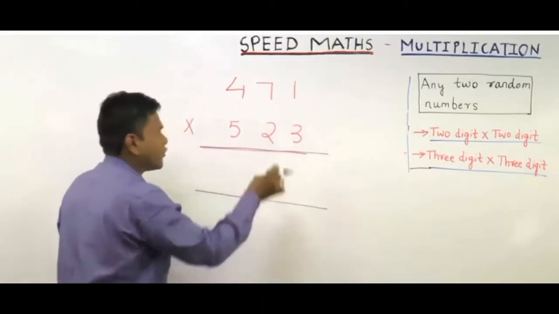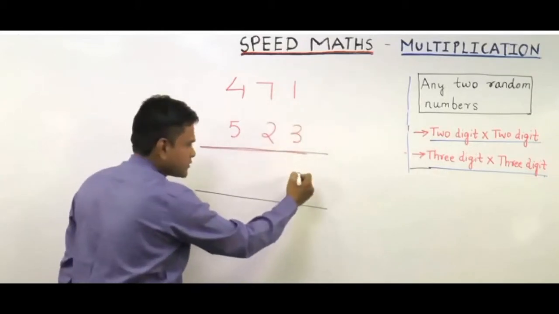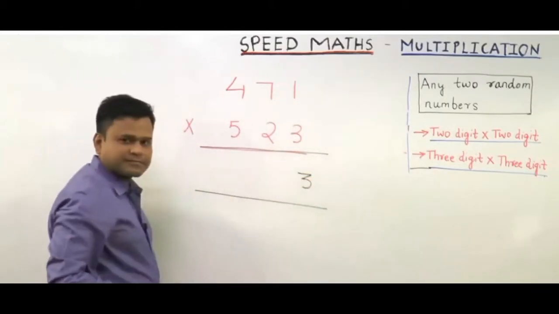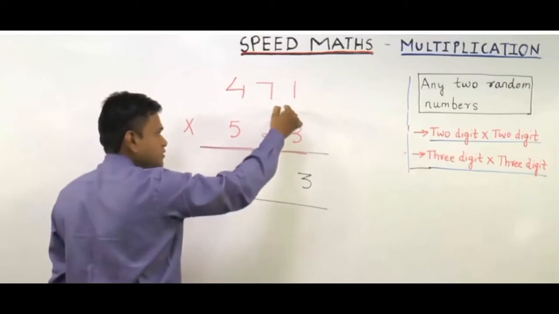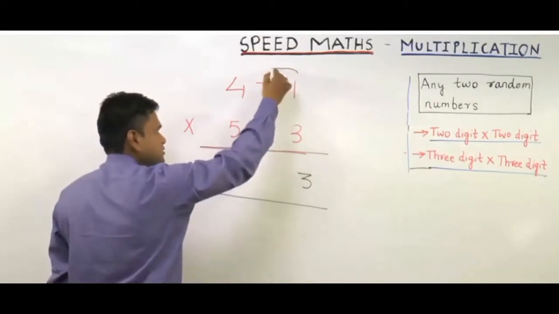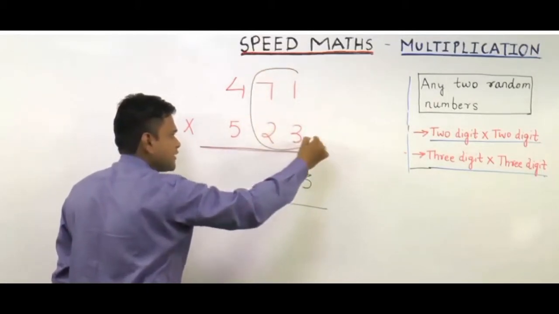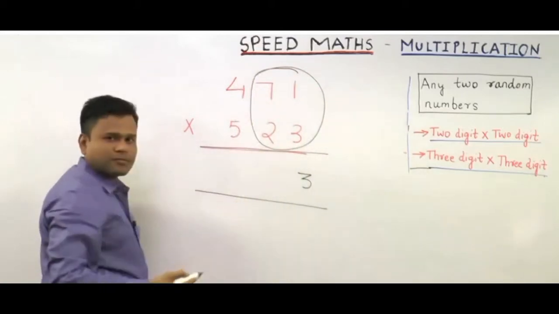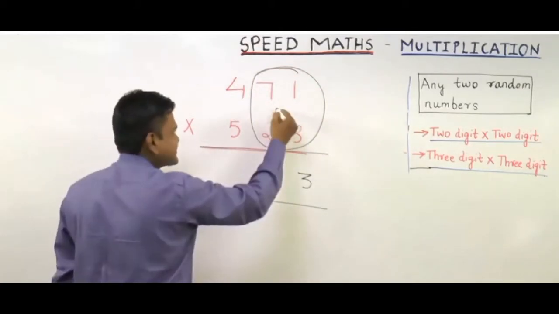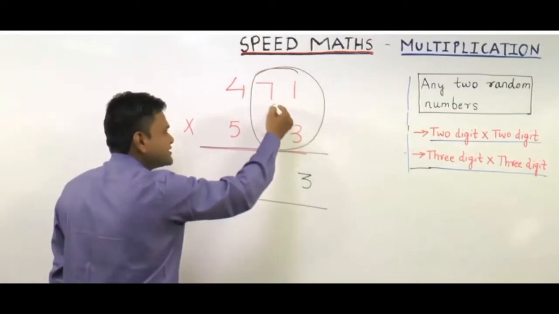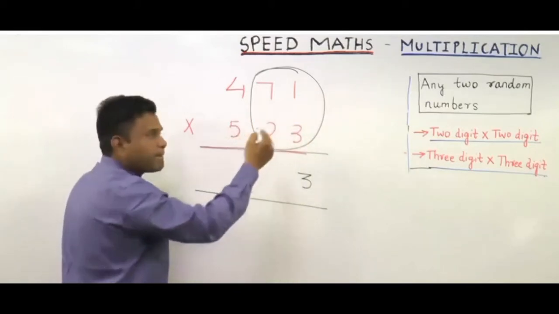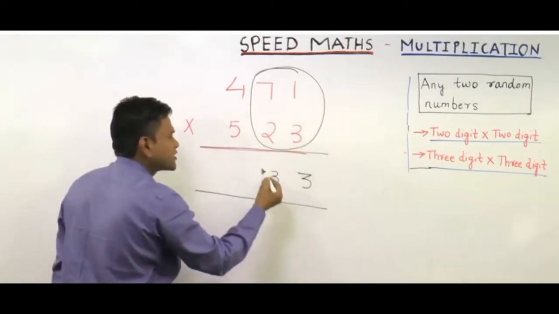Now the first step, you know, 1 into 3. Put it here. Second step, cross multiplication. These two columns, the numbers kept in the two columns, they have to be multiplied. 7 into 3, 1 into 2, 7 into 3, 21, plus 2, 23, 3 here, carry forward is 2.